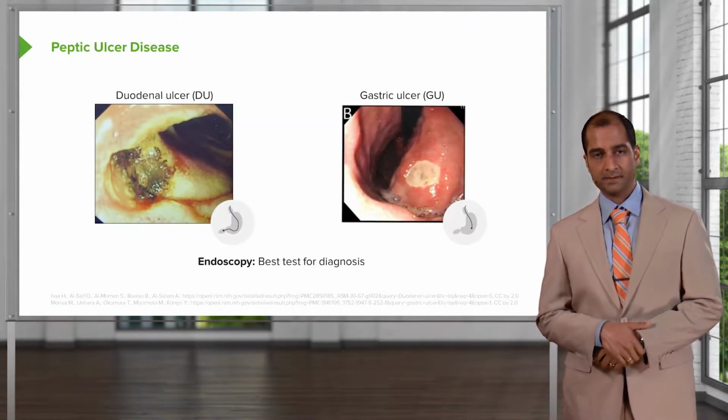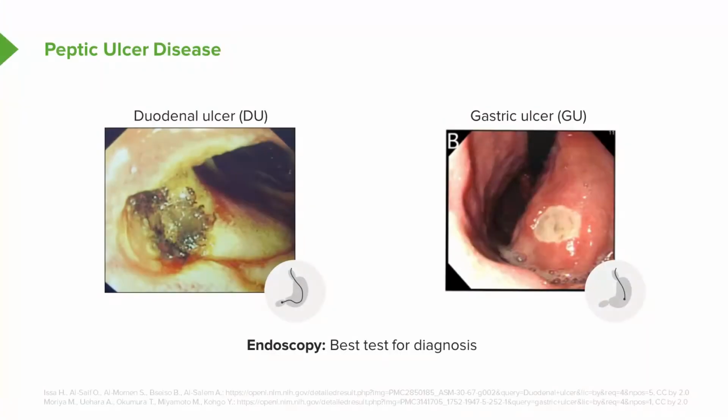On the left, peptic ulcer disease is in the duodenum. You'll notice that you have a clean punched out lesion. Whereas a gastric ulcer also has a clean punched out lesion. Esophagogastroduodenoscopy would be your best method of diagnosis. With this ulceration, remember, keep your ulceration and perforation completely separate.